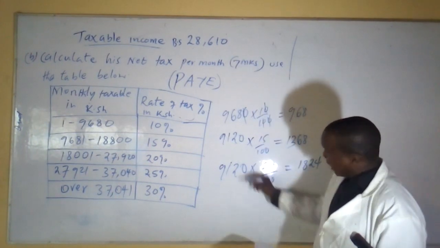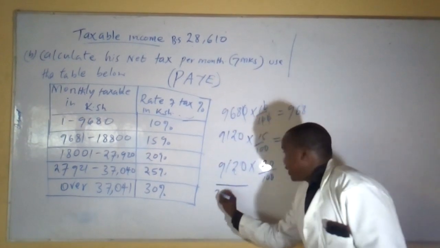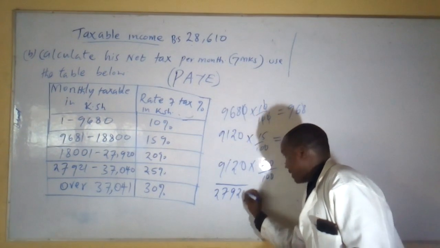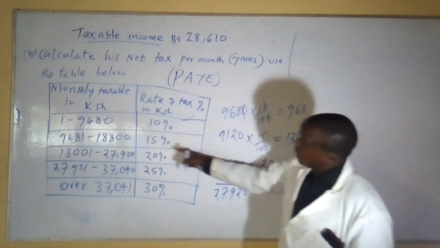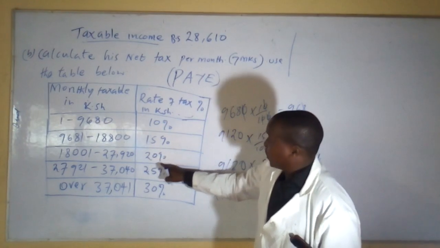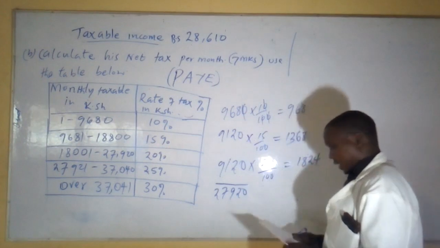Therefore, when you add this and this and this, the total will be 27,920. If we move to the next slab, we will go beyond the amount that we had.